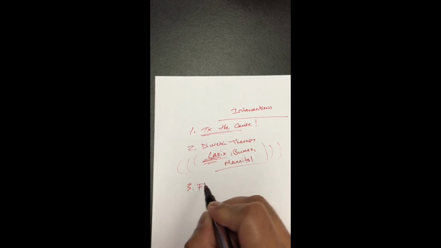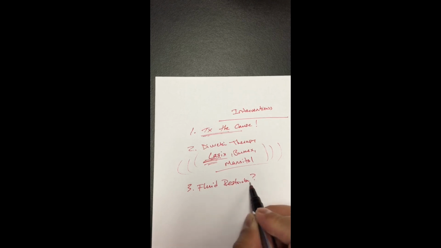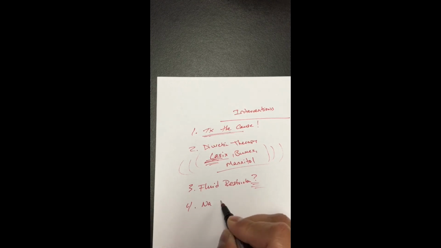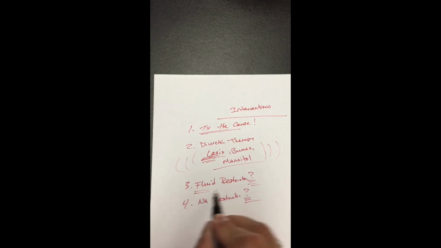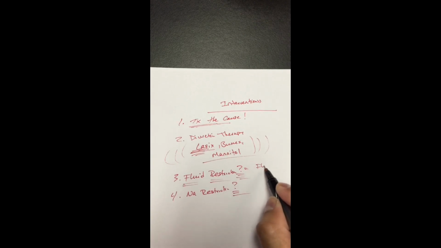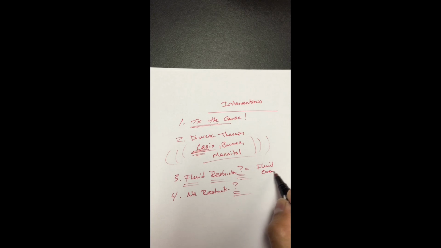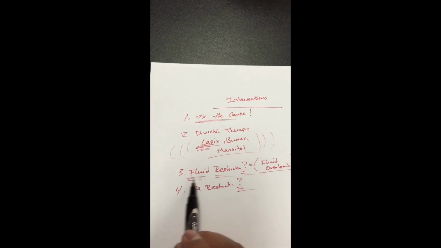Number 3, fluid restriction. Why? Number 4, sodium restriction. But why? Well, we talked about how you're retaining large amounts of fluid, which can cause fluid overload. So if the potential for fluid overload exists, you will want to restrict the amount of fluid intake.